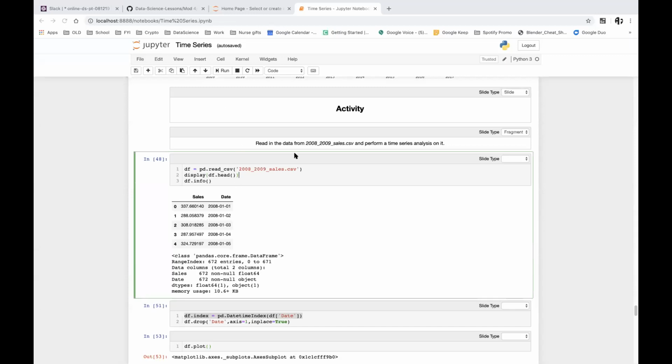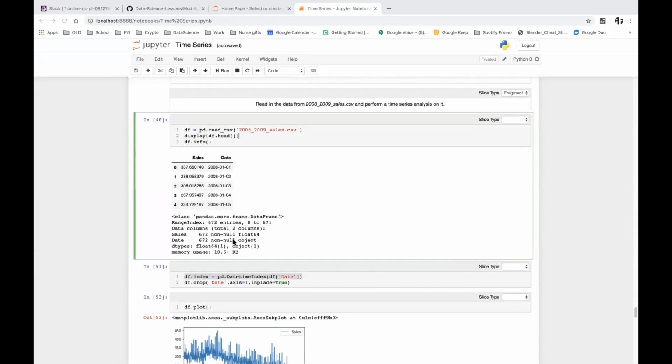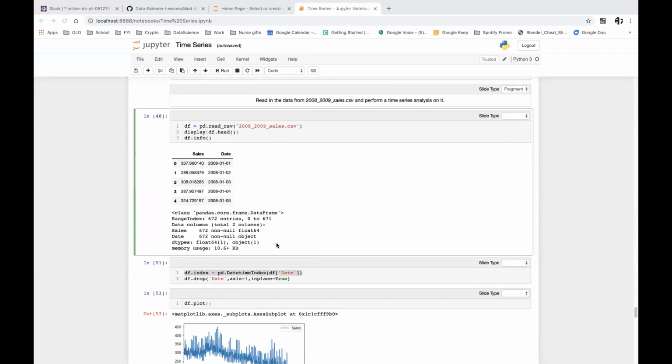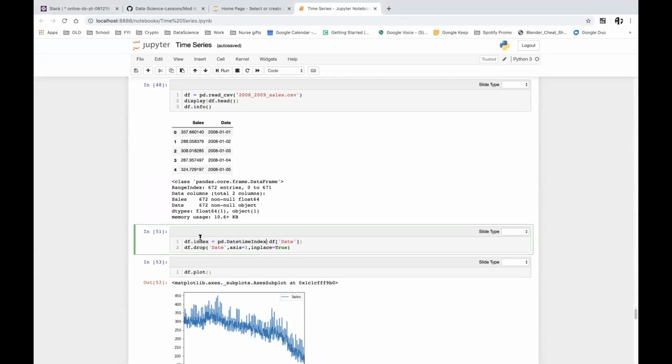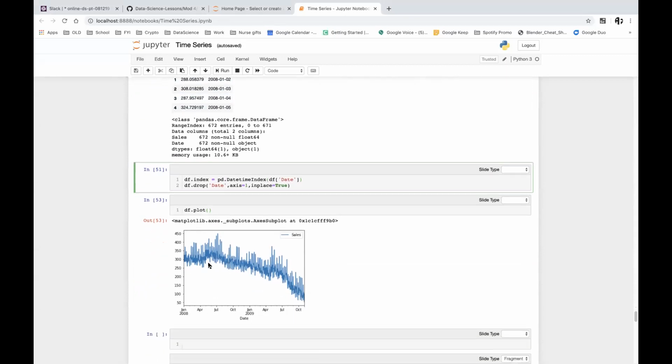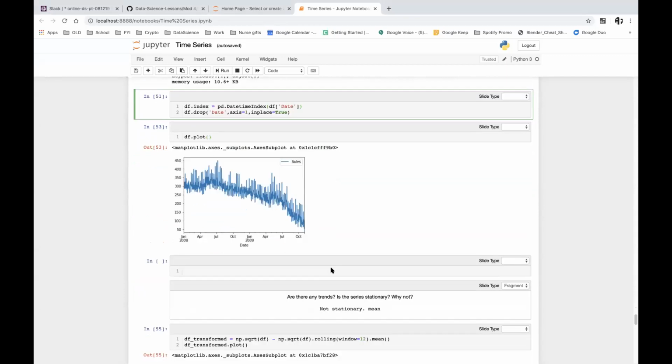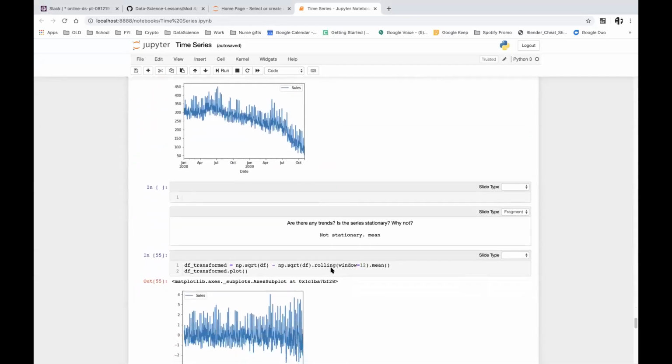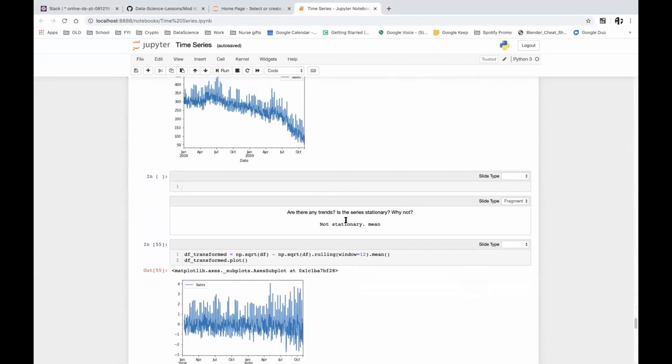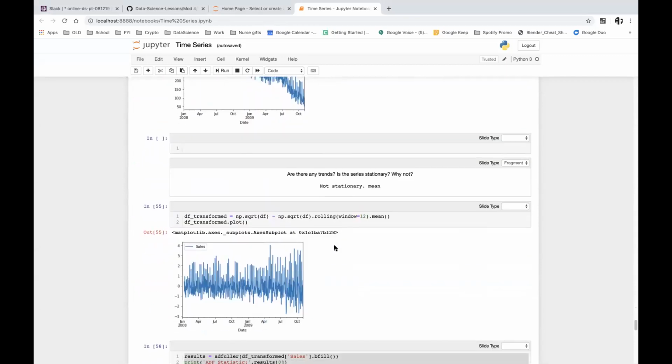First we imported the CSV and saw that the date wasn't in the datetime format. So we just passed in the date column as an index and dropped the regular date off, and plotted it to see if it was stationary, and saw that it wasn't around the mean.